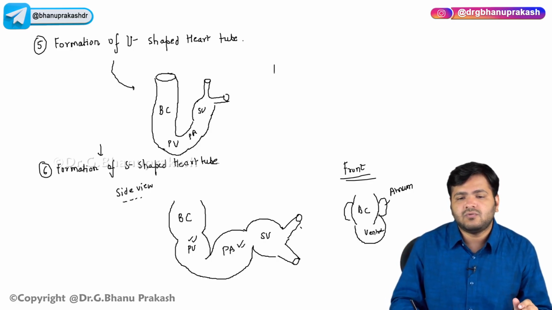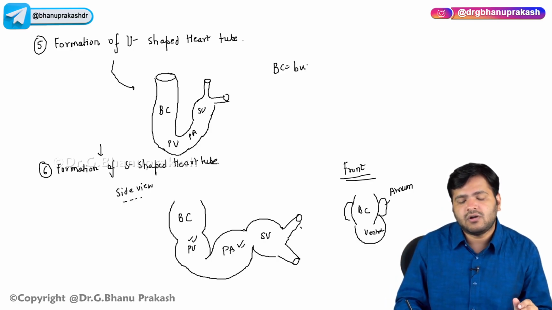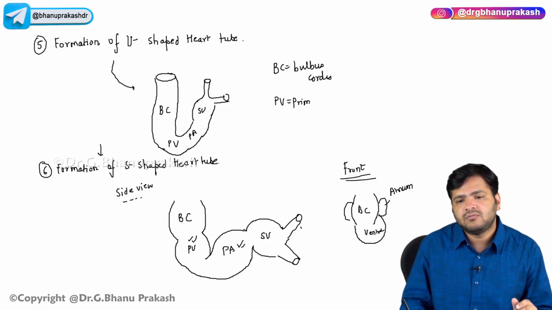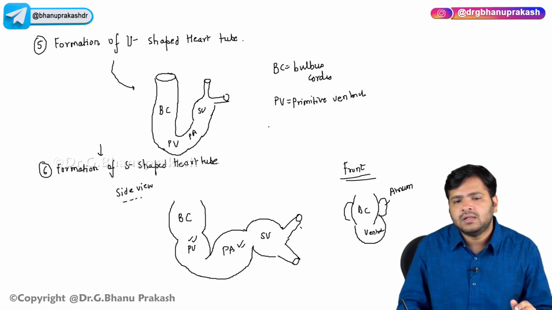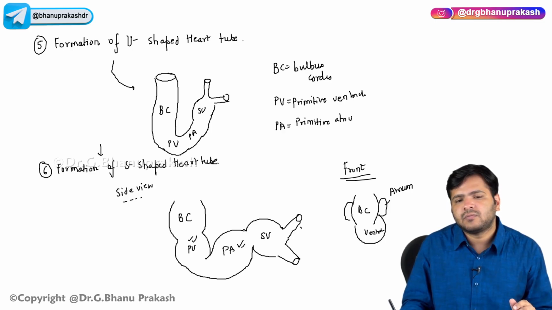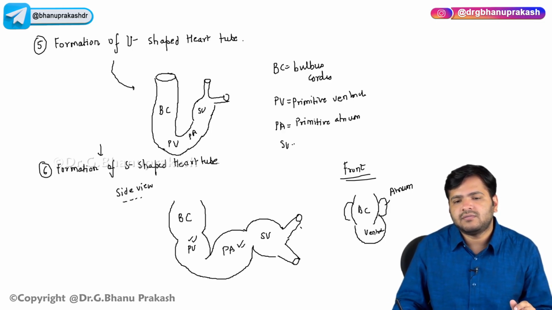So you just have to know this is the bulbus cordis. PV stands for the primitive ventricle. PA, primitive atrium. And we have the sinus venosus.